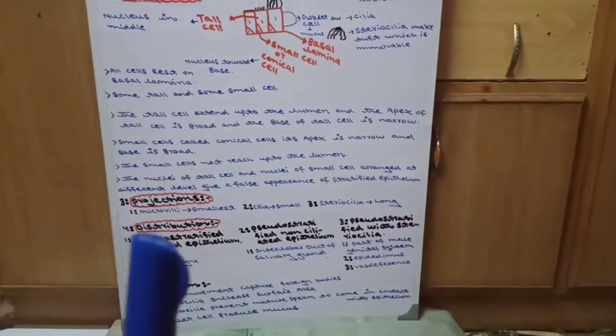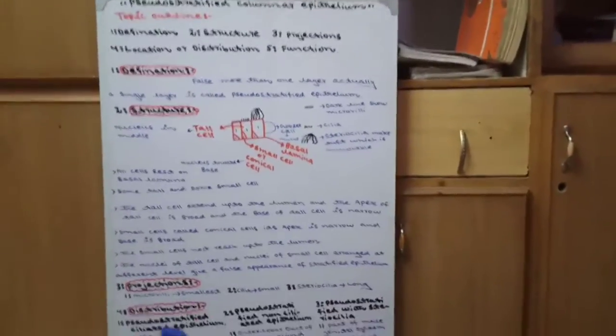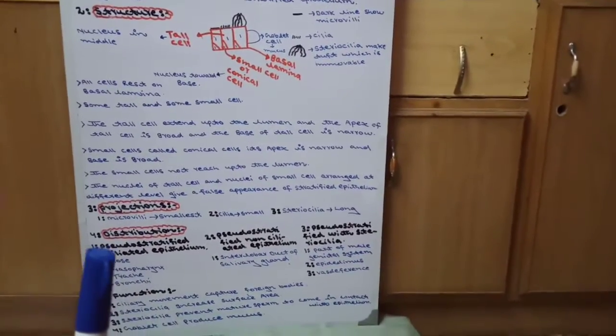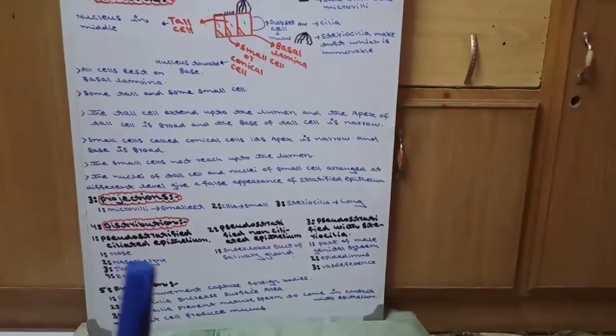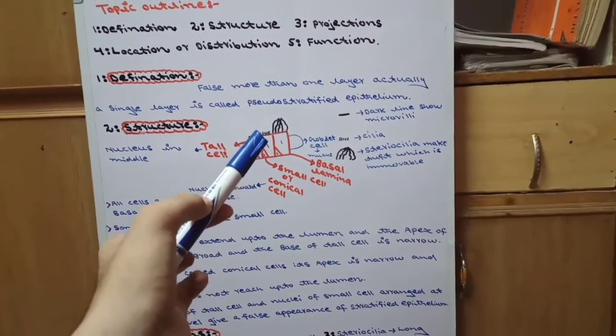Now come to distribution. Distribution means where pseudostratified epithelium is present. First, pseudostratified ciliated epithelium, where cilia are present.